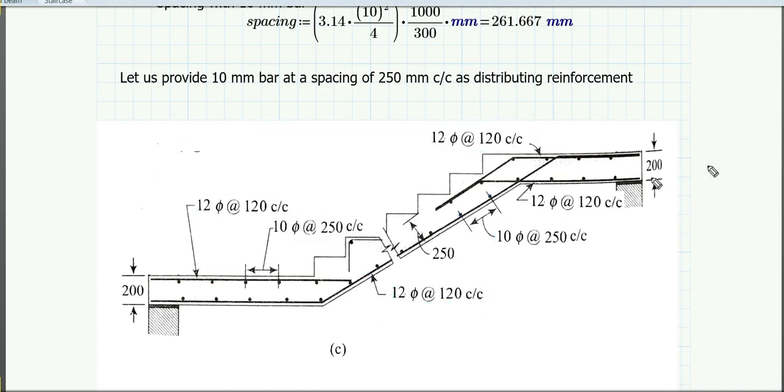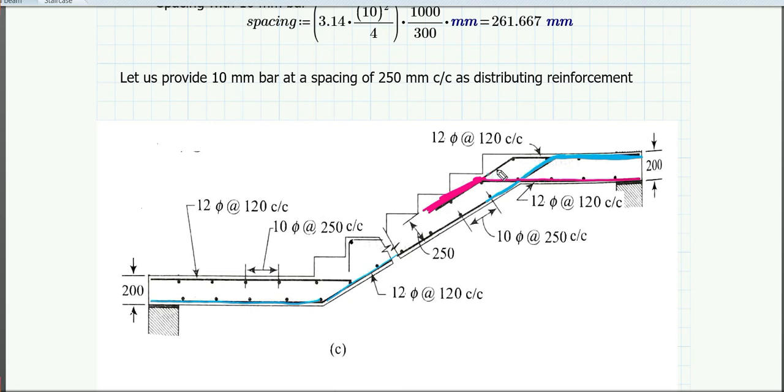And here you can see the reinforcement provision, how these are provided. The bar is continued from the bottom of the slab, then it goes at the bottom of the soffit, and it goes at the top of the landing. Understood? It goes something like this. It goes from here to here. Then the beam which is provided at the bottom of the landing goes to here, and it just creates the top bar of the waist slab over here.